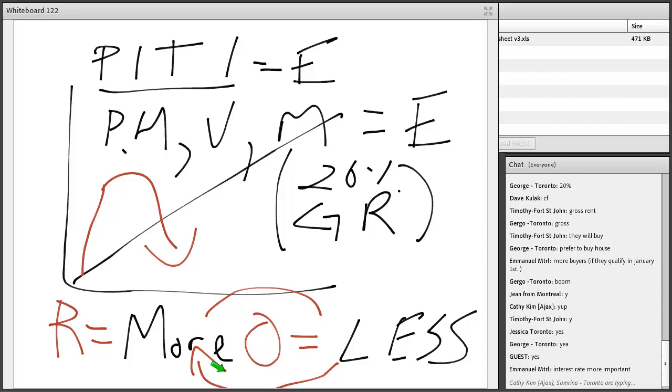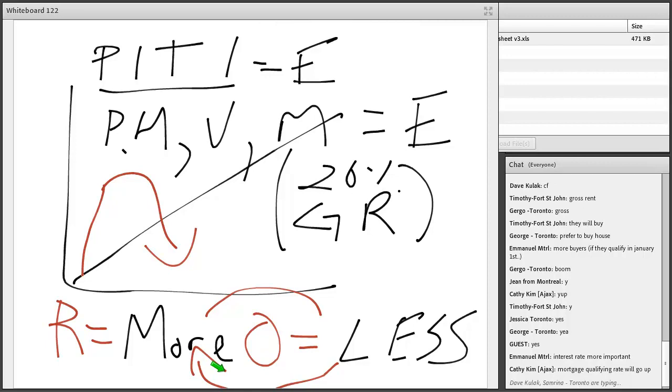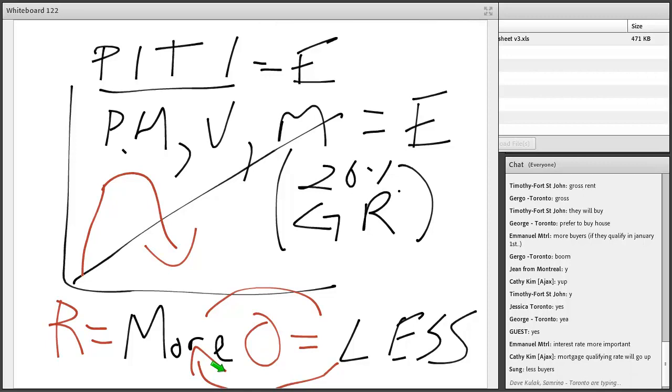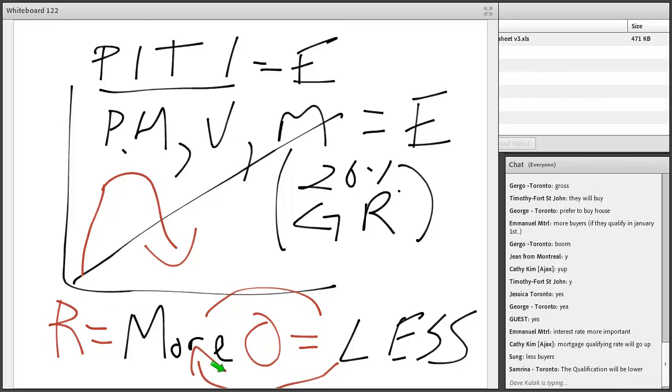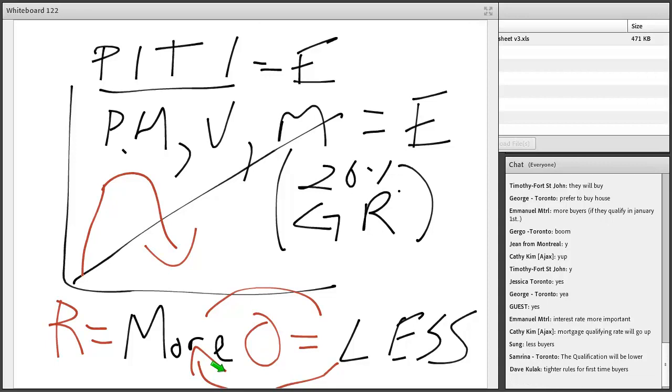Yeah, interest is going to go up. And is that a good thing or a bad thing? Well, mortgage qualification rates are changing, right? And they've changed already, and they're going to continue to change. Now, when the mortgage qualification rate goes up or changes, what happens to the market? And tighter rules for buyers.